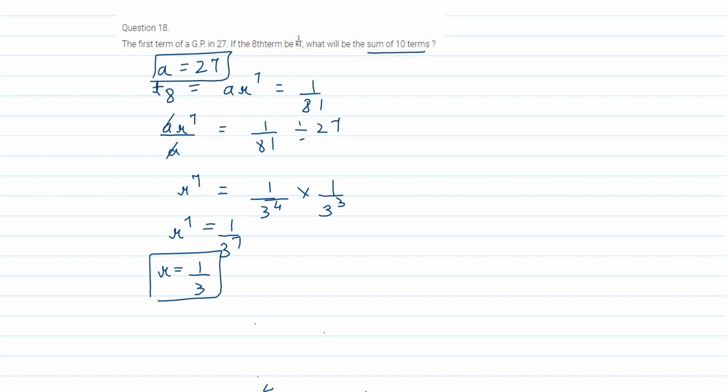Here r is less than 1, so we'll be using the formula Sn is equal to a into 1 minus r raised to n upon 1 minus r. You can substitute the values and find the answer.